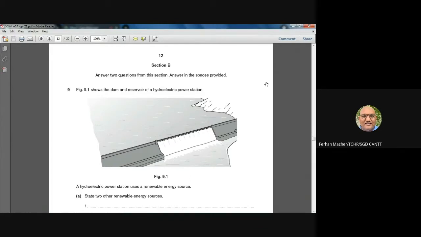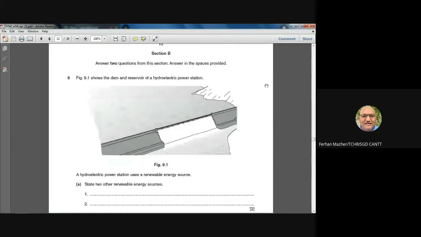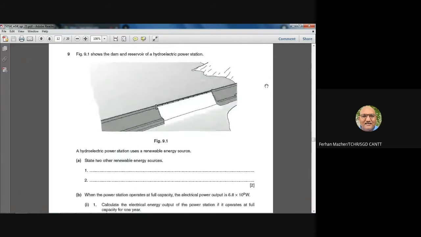State two other renewable energy sources. It's a 2-mark question, and you only have to state 2 names of renewable energy sources. One can be wind energy and the other can be geothermal energy.